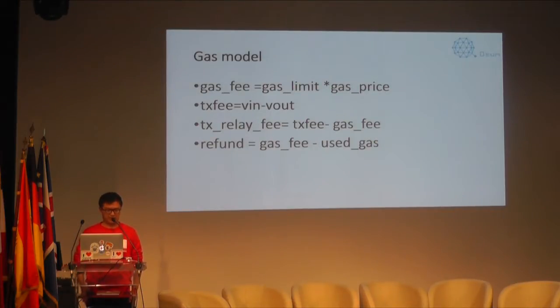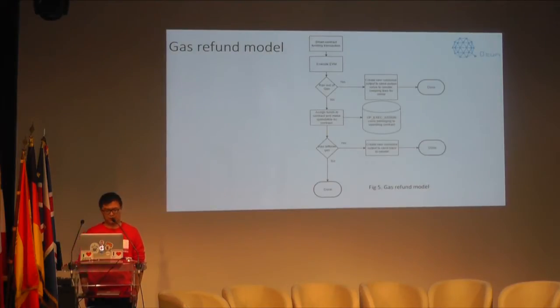If you still have some gas fee that wasn't used by the miner, then you get a refund. So how do you design the gas refund model? When you execute the EVM, if you run out of gas, we will create a new Coinbase output to send the output value to the sender and keep the fees for the miners.